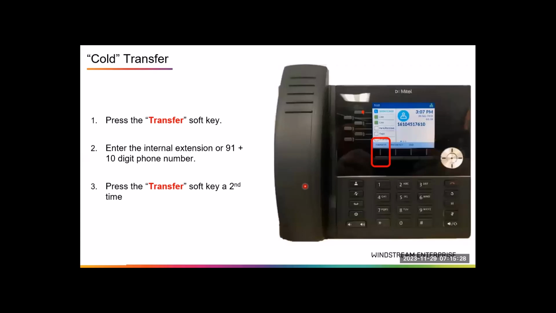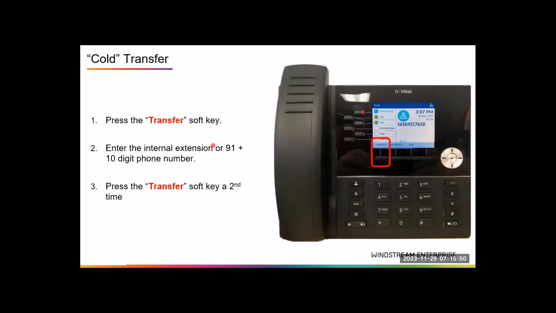It's because the caller ID that will be displayed on their phone as soon as you complete your transfer is the caller ID of the person you are transferring, not your extension number. And that is why we call it the cold transfer method, the unattended way of transferring.